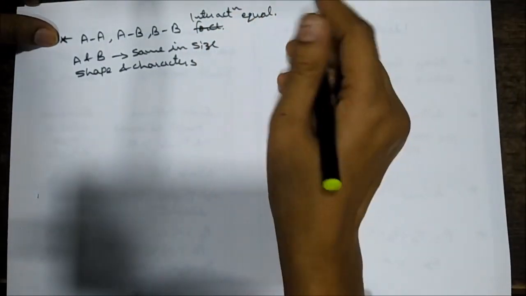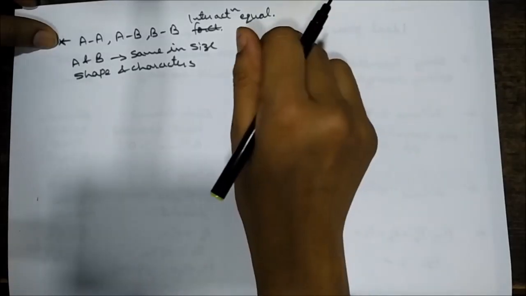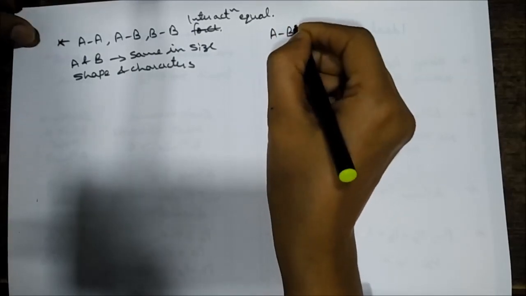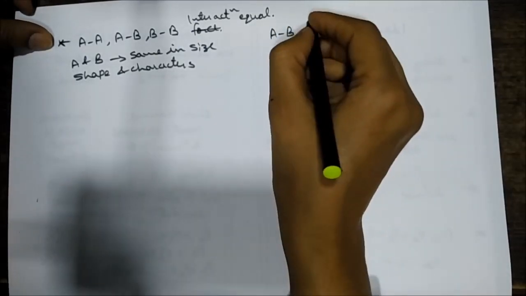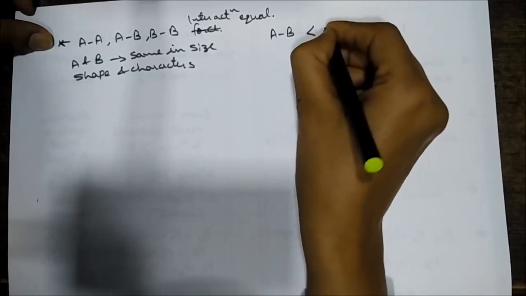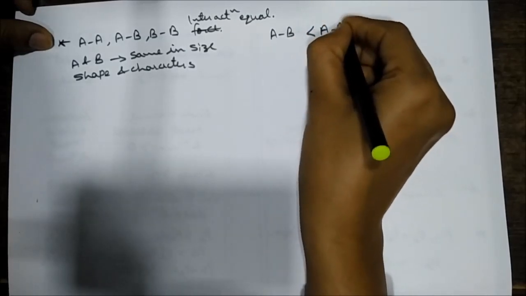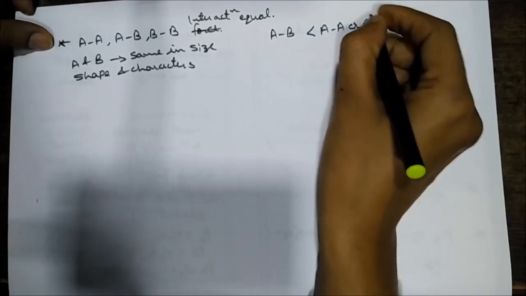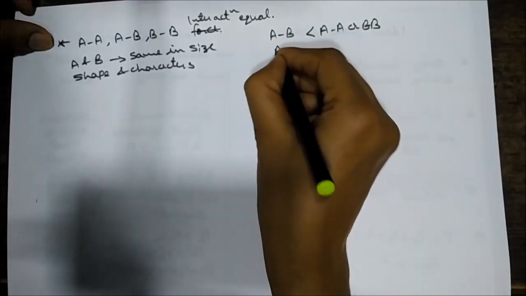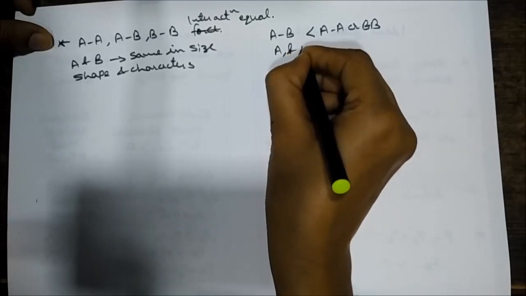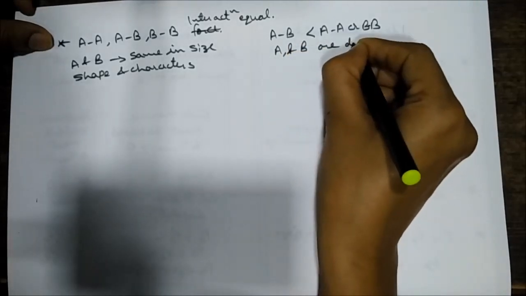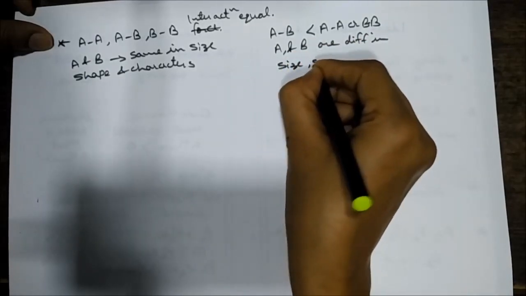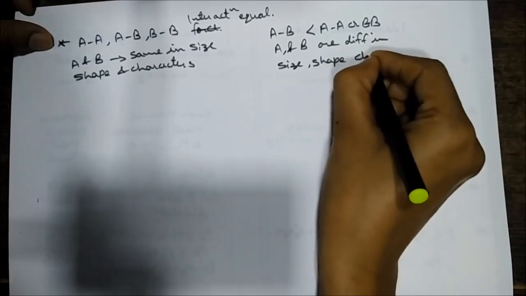But in non-ideal solutions having positive deviation, the AB interaction will be less in comparison to AA or BB, because A and B components are different in size, shape and characters.